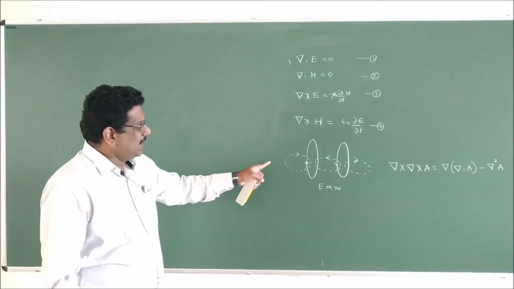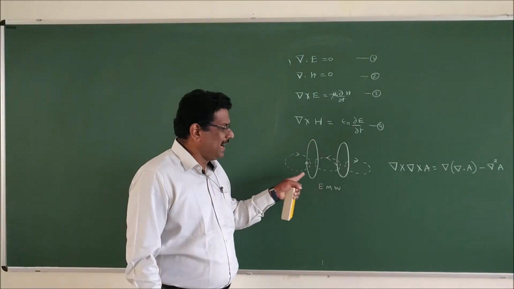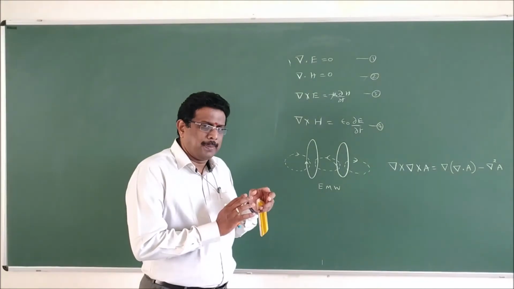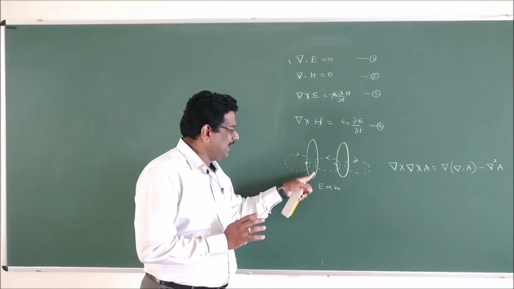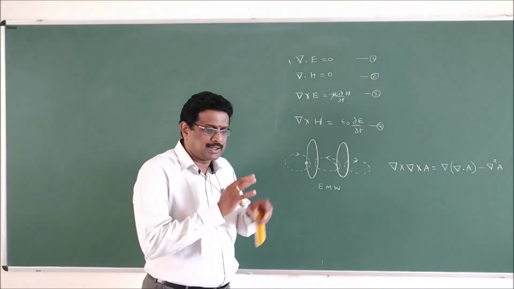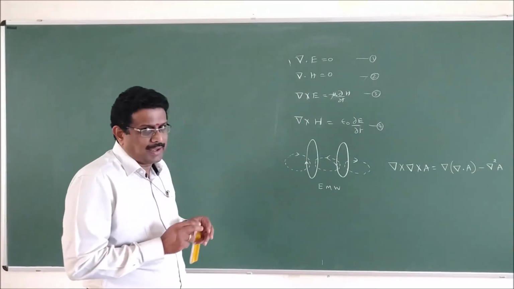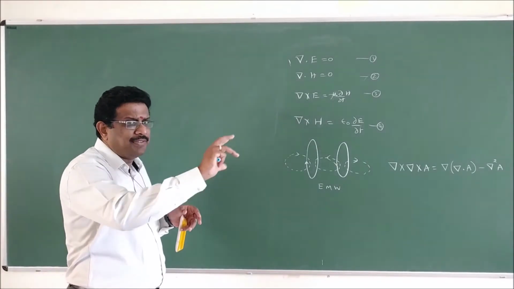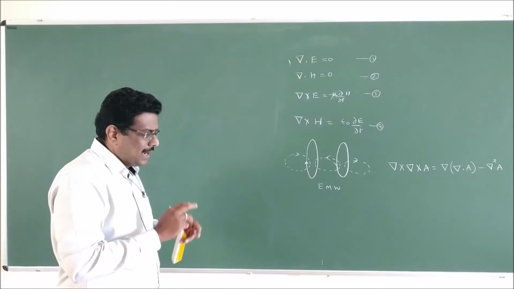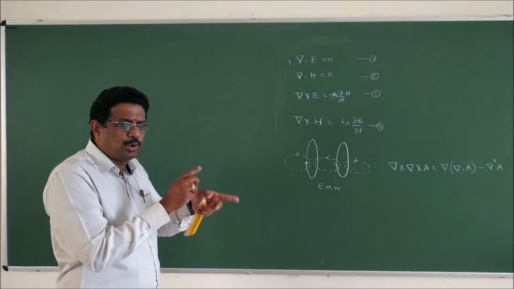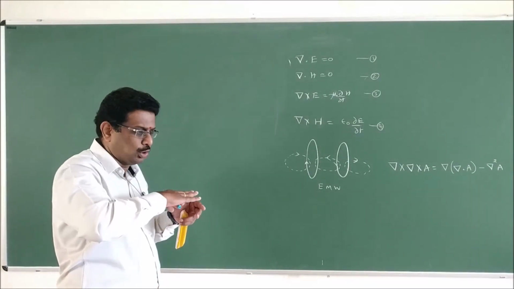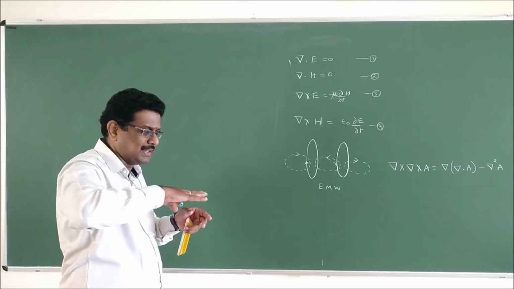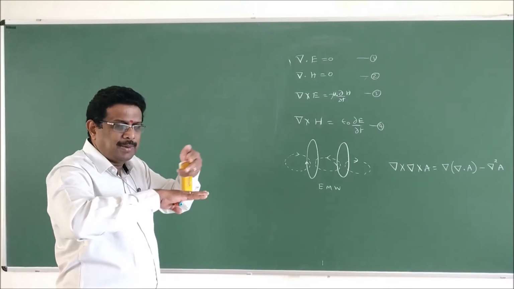We define this as electromagnetic waves: a wave is a combination of electric field as well as magnetic field. Such a wave propagates in free space. Since they are perpendicular to each other, if there is an electromagnetic wave like this, with the electric field like this, the magnetic field will be like this.